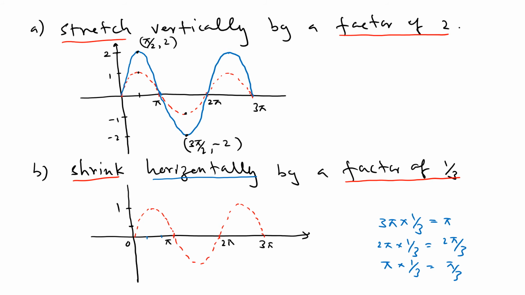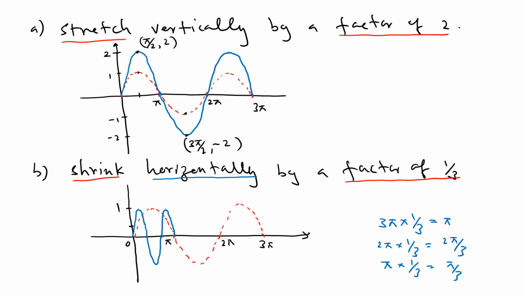So the new graph is going to look like this, and like that. You can see all the graphs shrink 3 times. Shrinking 3 times means 3 pi becomes pi, 2 pi becomes 2 pi over 3, and pi becomes pi over 3.